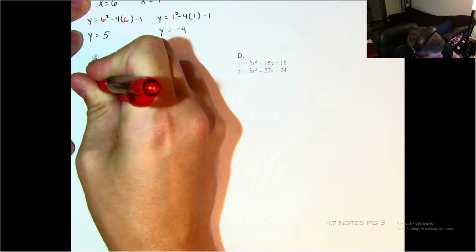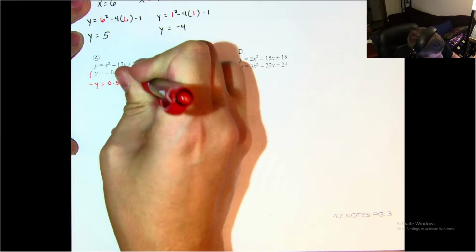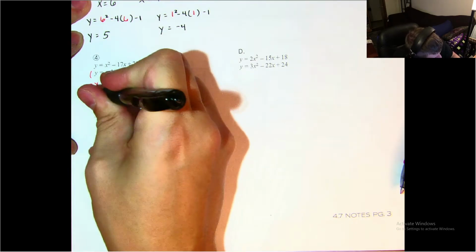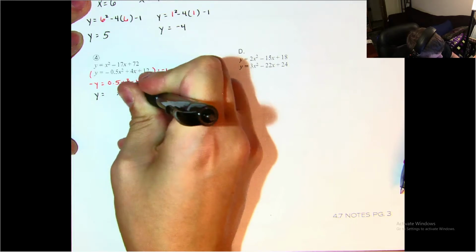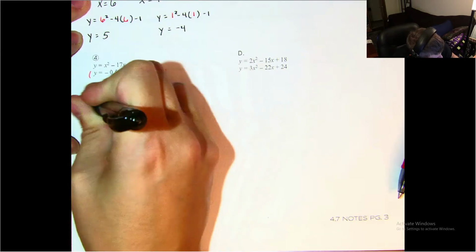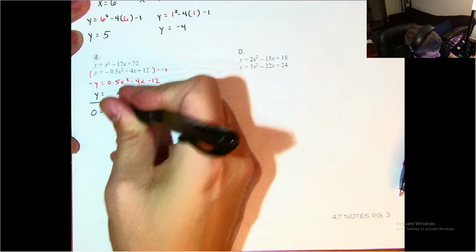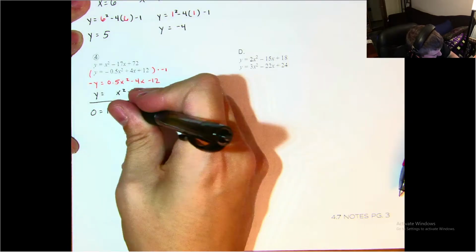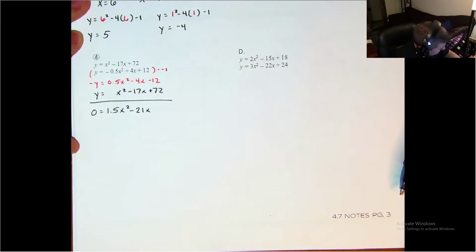So I get the opposite of y is equal to 0.5x squared minus 4x minus 12. And okay, so then these are going to cancel out to 0. This is going to go to 1.5x squared. That's going to be minus 21x, and that is 60.